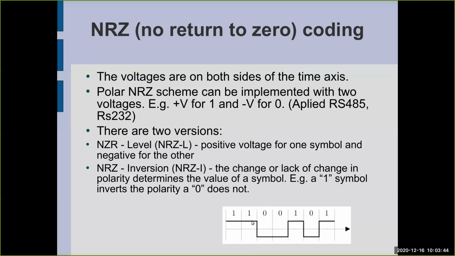So when we have a change of the level, for example, from 1 to 0, okay, so it changes here. We know that a new bit starts. So the receiver may reset its counter and start counting from this point.